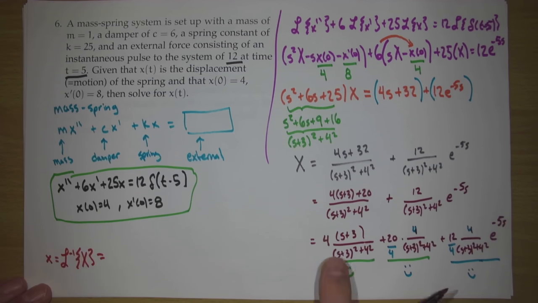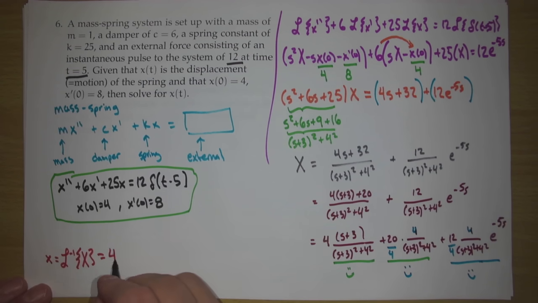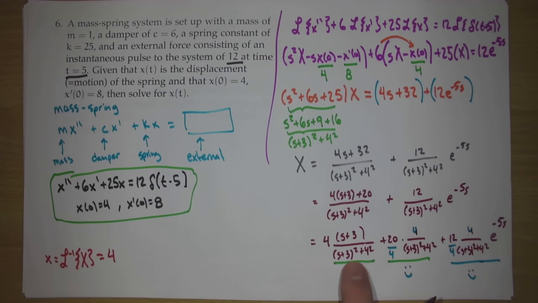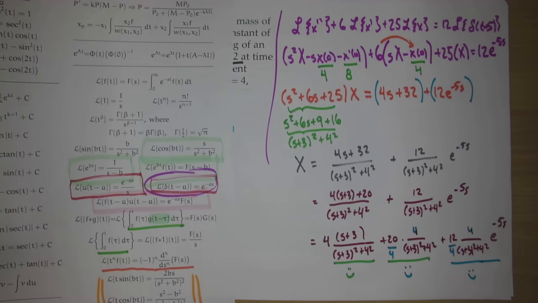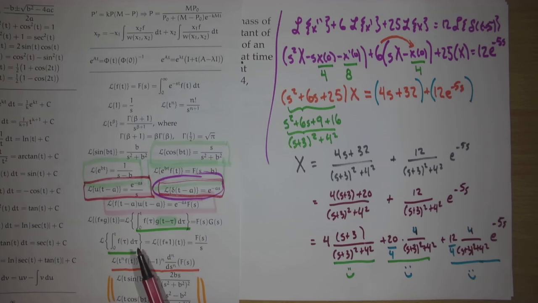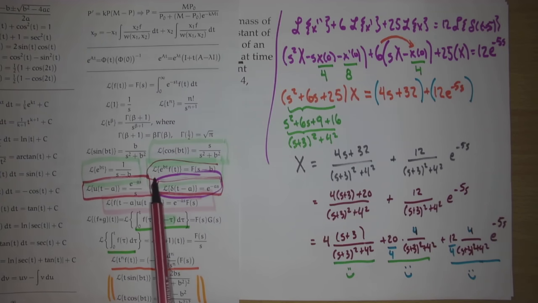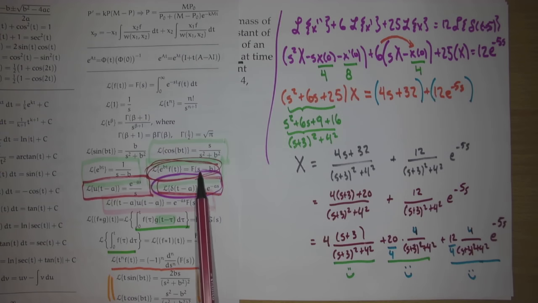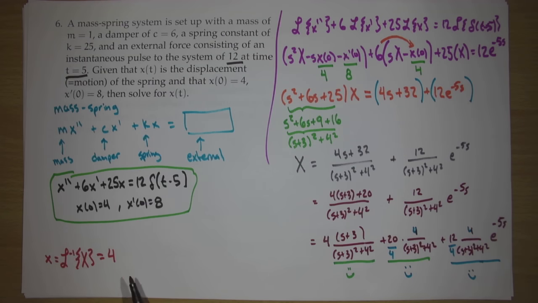Okay, so for the first term we have a 4. Because we have s + 3, what does that tell us about our solution? There's a shift, so shift on the s side becomes what on the t side? Shift on the s side means exponential. So there's an exponential. Which e to what power?